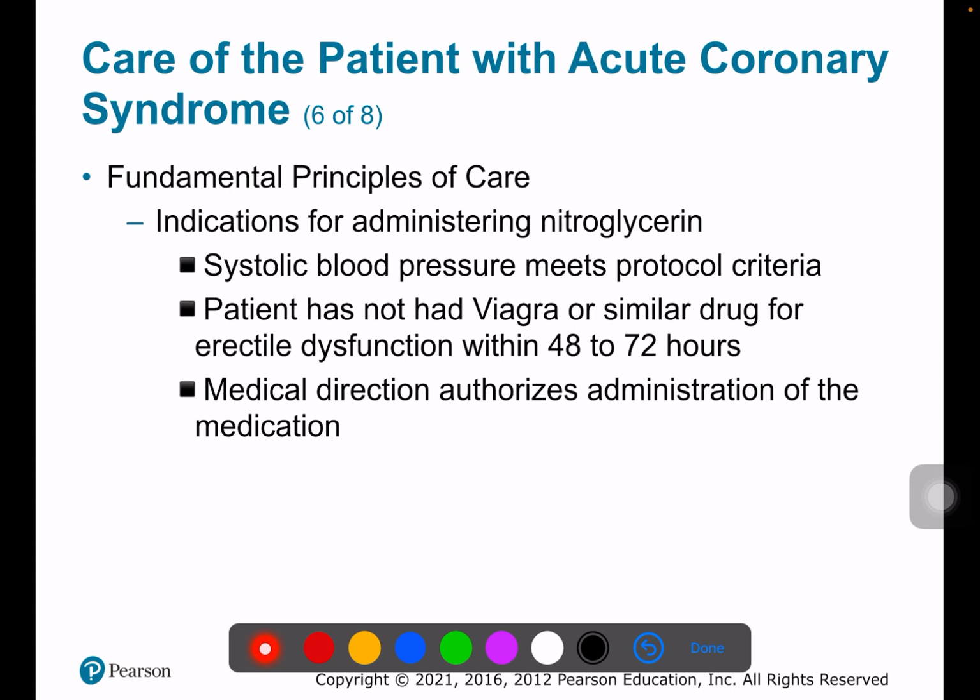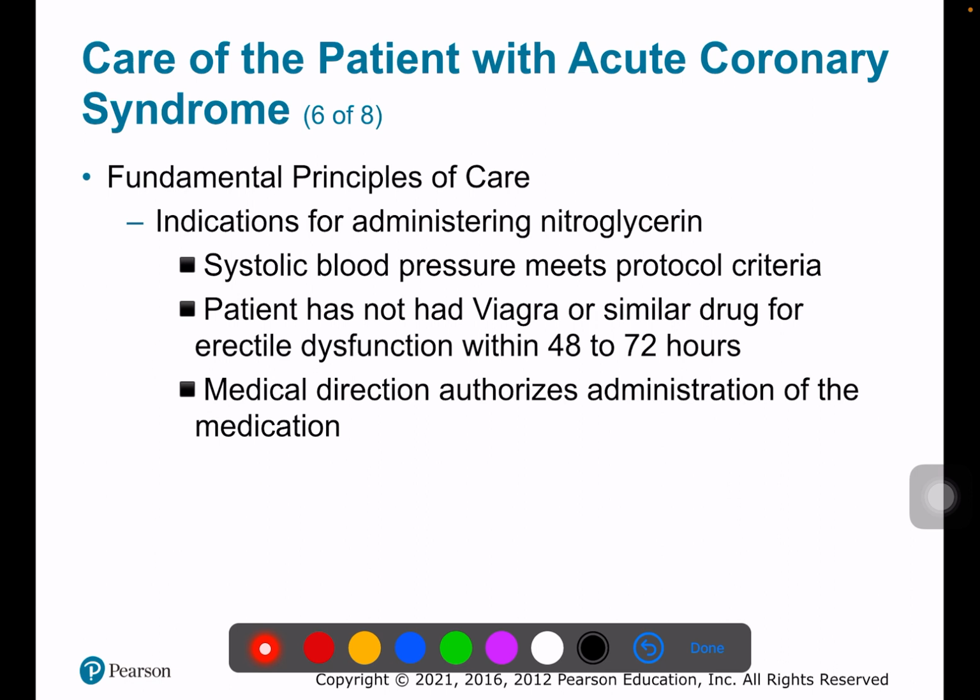Systolic blood pressure meets protocol criteria. So really, if you look at criteria, because nitro is what? It's a dilator. So as a dilator, you are going to dilate their arteries. So what you're going to do is what?